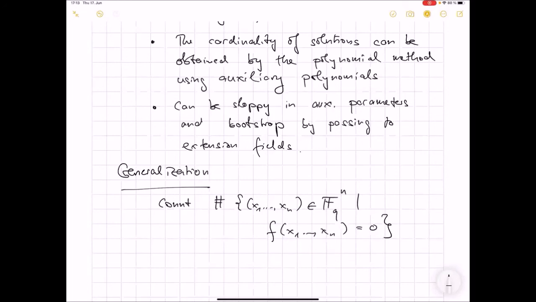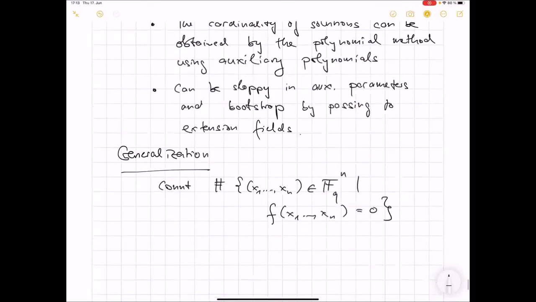At this point, you can probably not avoid using at least a little bit of algebraic geometry. And what is proved in Schmidt's book is that this is q^(n-1) plus O of q^((n-3)/2), supposing that f is absolutely irreducible.